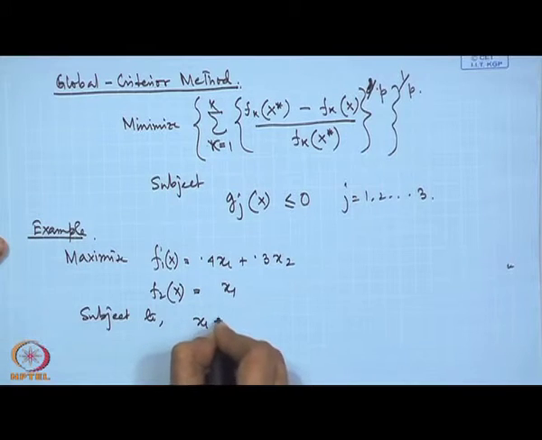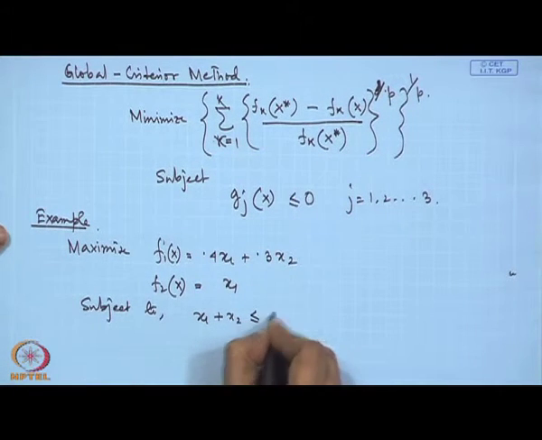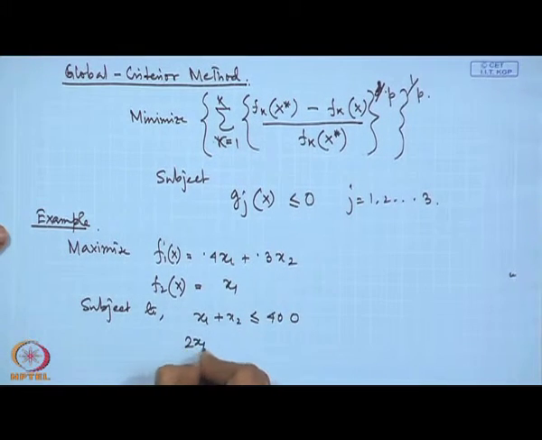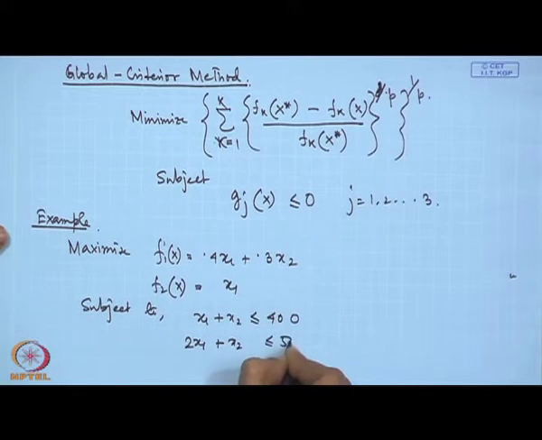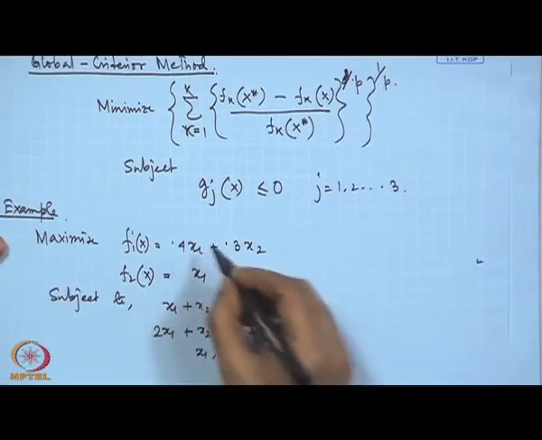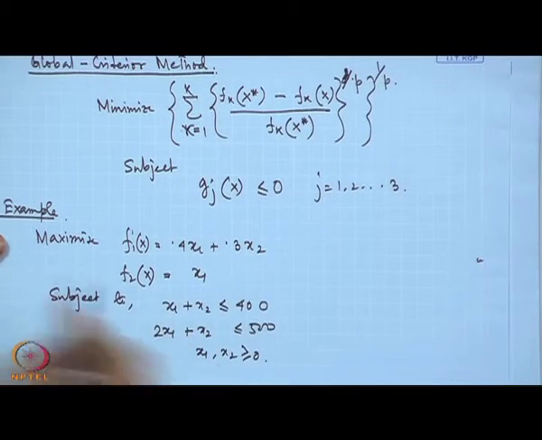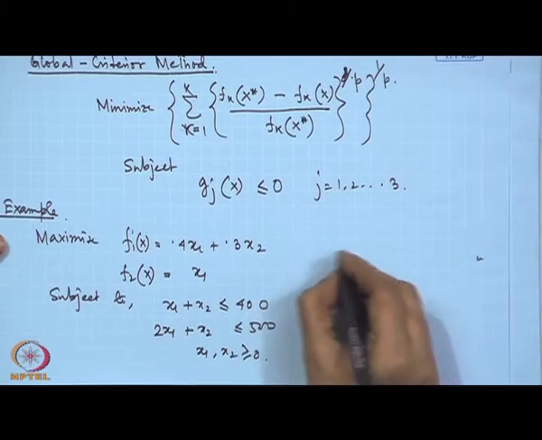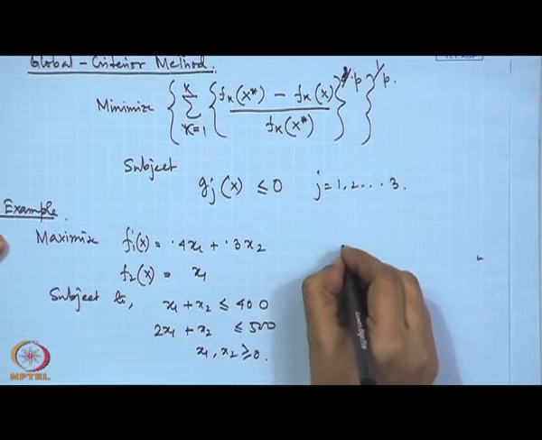Subject to the constraints, we have x1 plus x2 less than or equal to 400, 2x1 plus x2 less than or equal to 500, and both greater than or equal to 0. If we maximize f1 subject to the set of constraints, and maximize f2 subject to the set of constraints, then we will get this.